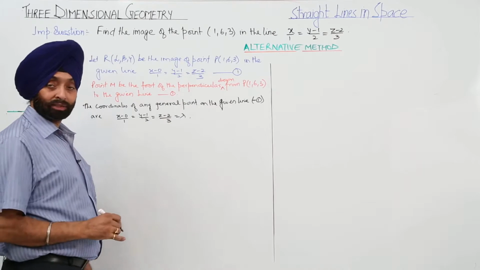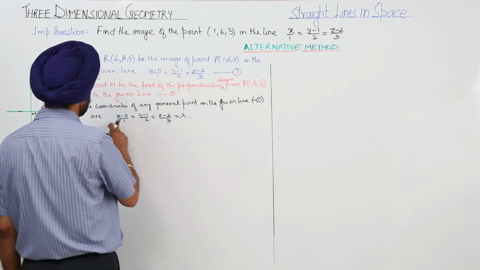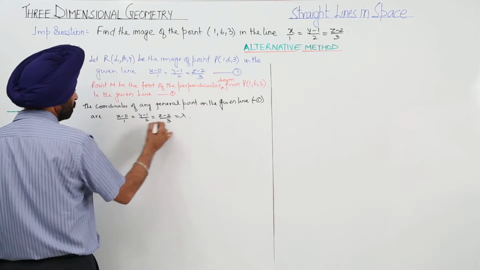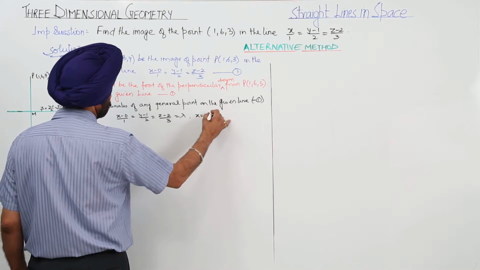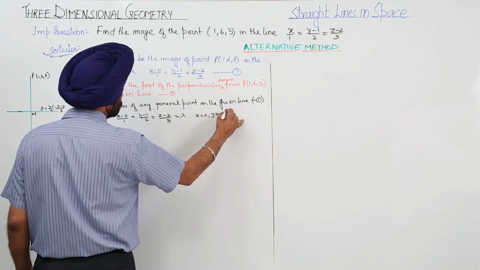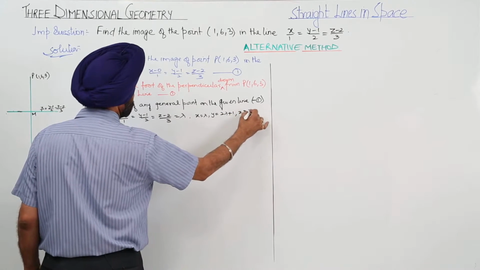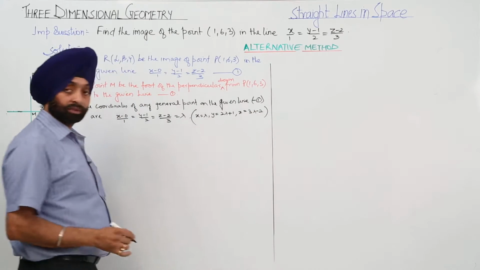So, we can write like this, and now how to write the coordinates? x is equal to lambda, y is equal to 2 lambda plus 1 and z is equal to 3 lambda plus 2. So, these are the coordinates.